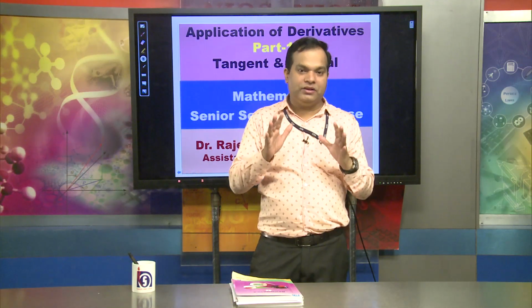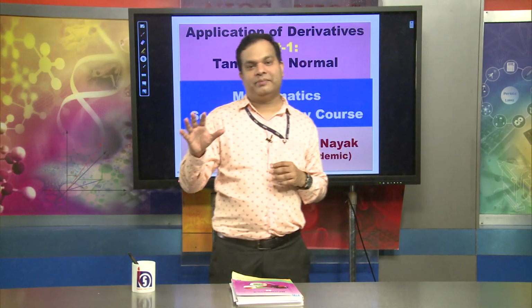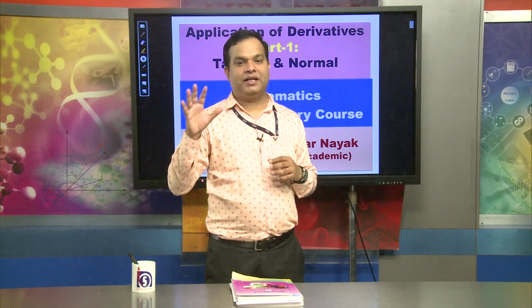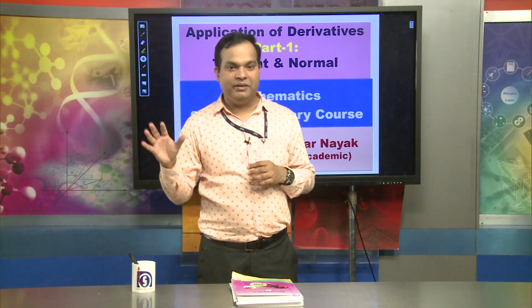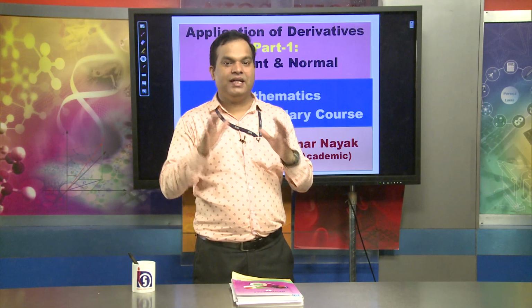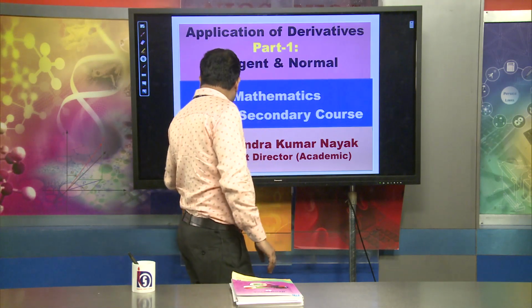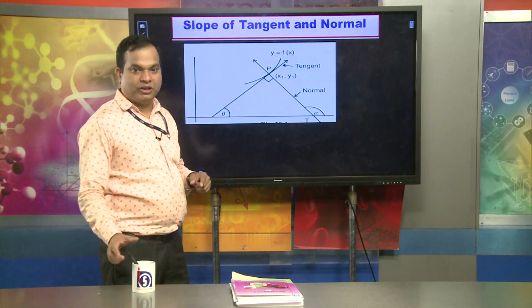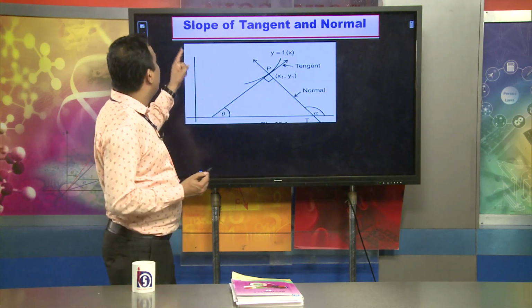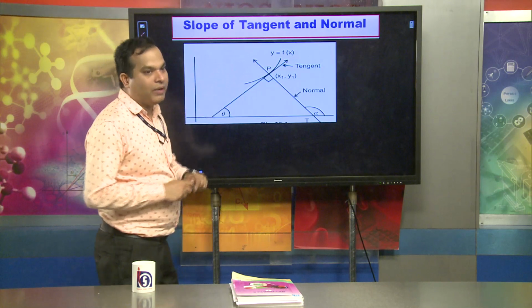Now we will discuss one of the very important applications of the derivative, that is tangent and normal of the curve. When talking about tangent and normal of the curve, first we must understand the slope of tangent and normal.